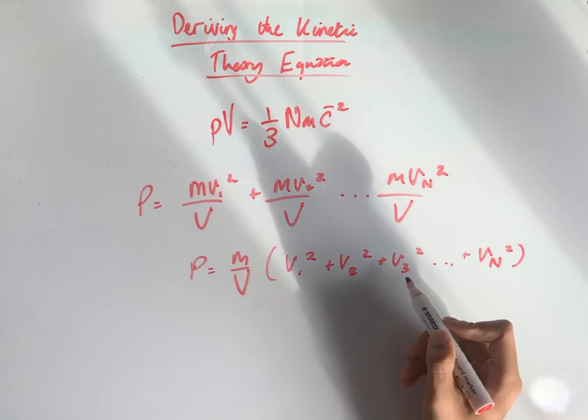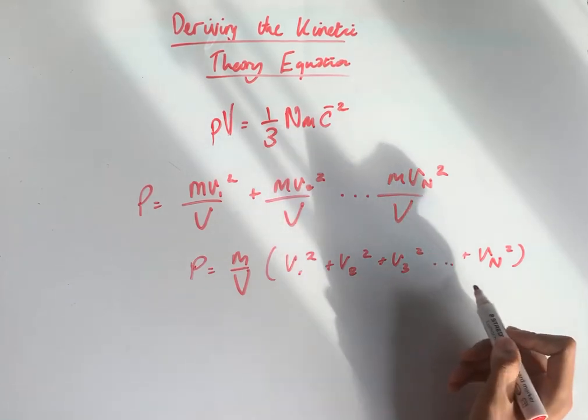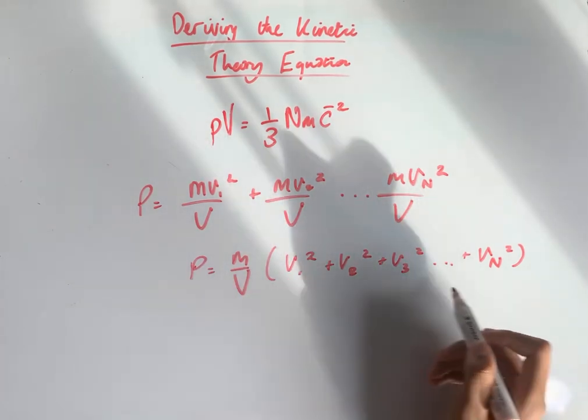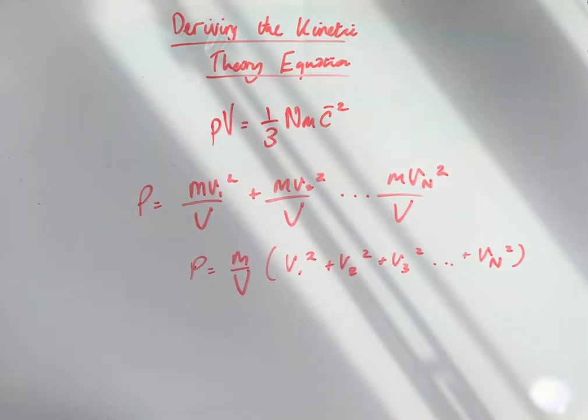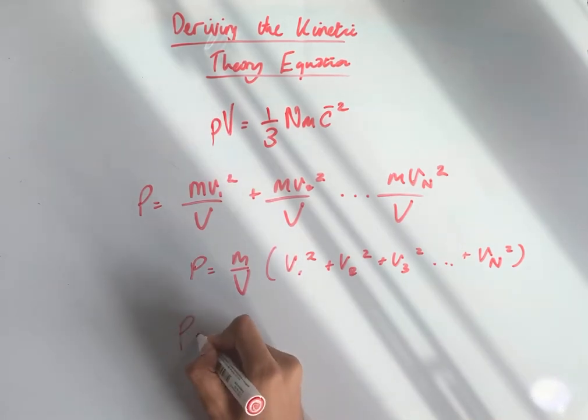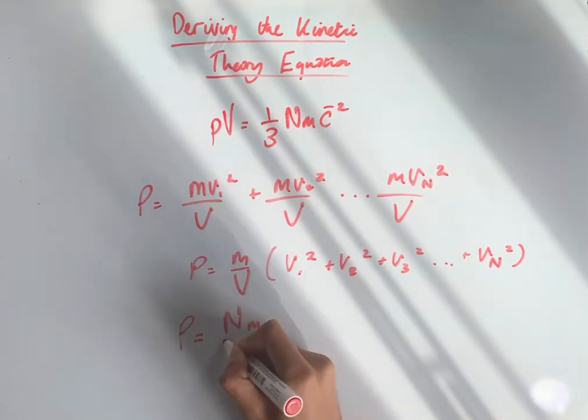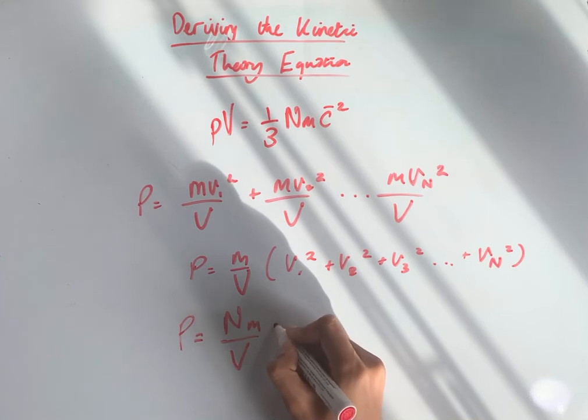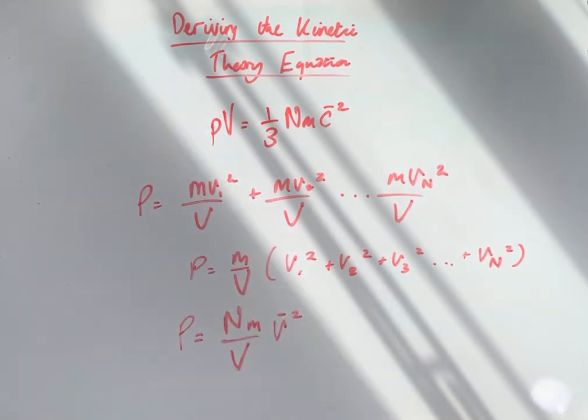The sum of this, if divided by N, so all of these divided by N, would give the square of the average velocity. We can therefore write that P equals Nm over V multiplied by v bar squared.